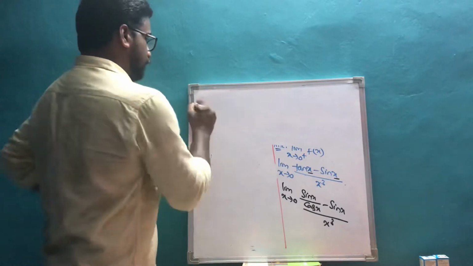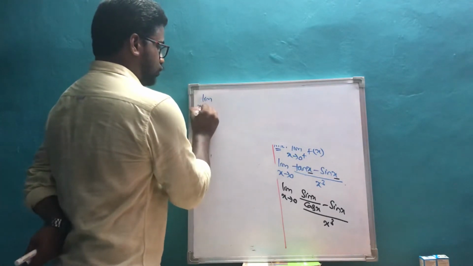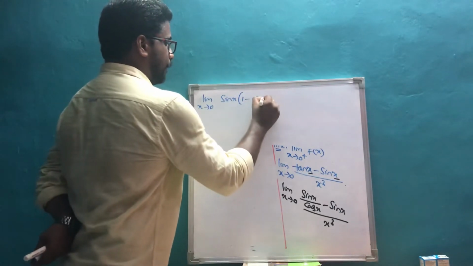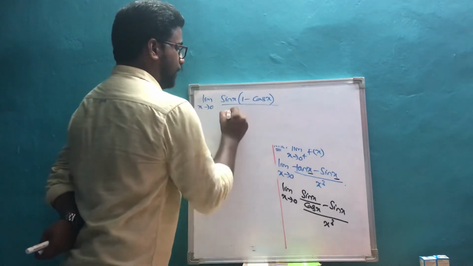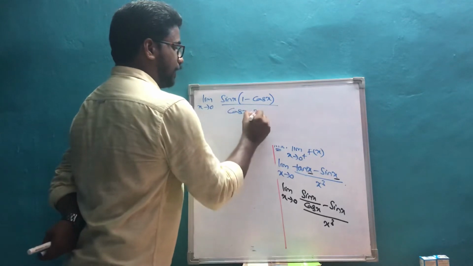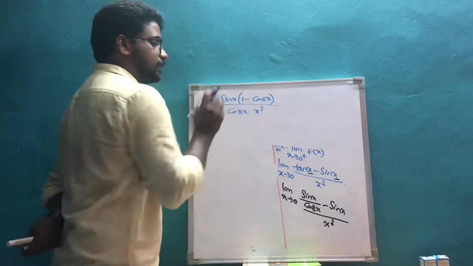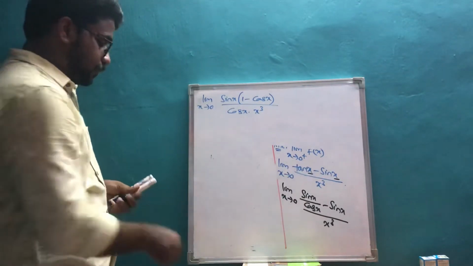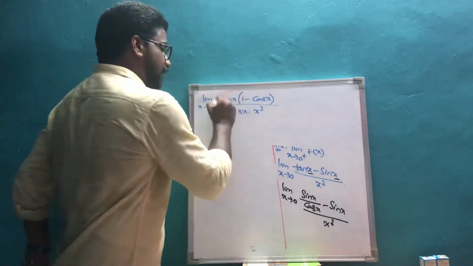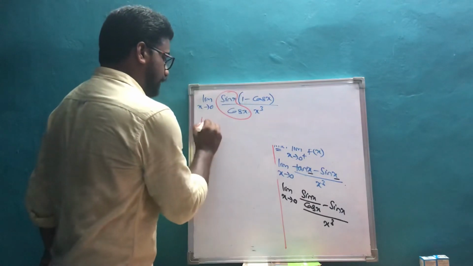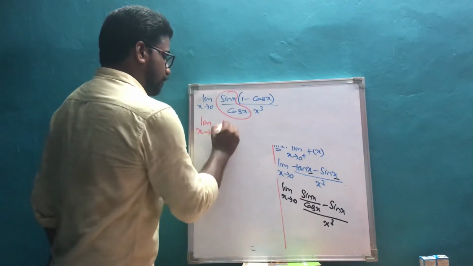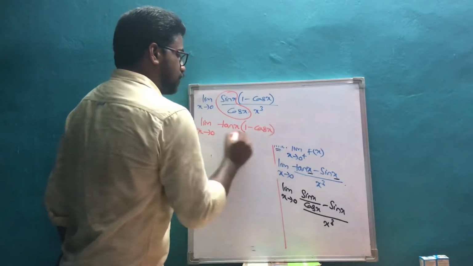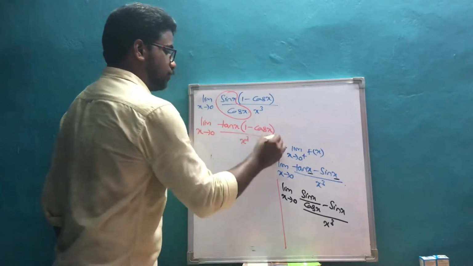So that can be written as limit x tends to 0. Sin x can be taken as common and I will be getting 1 minus cos x by cos x into x cube. This is the basic simplification you are doing. Now you can just observe here, I can write this sin x by cos x as tan x into 1 minus cos x whole divided by x cube here.